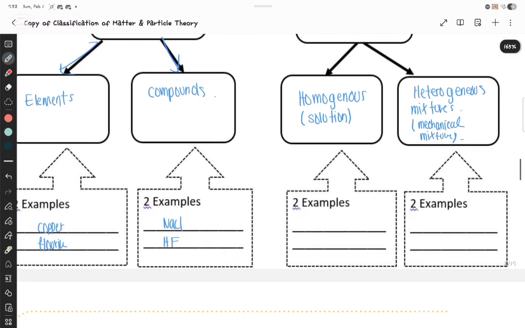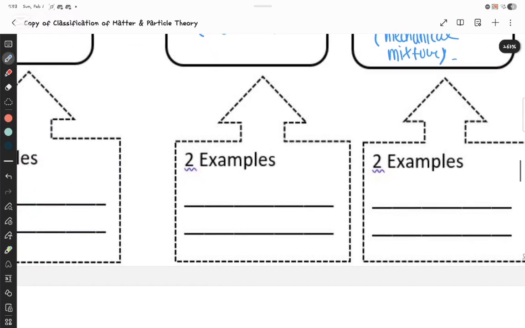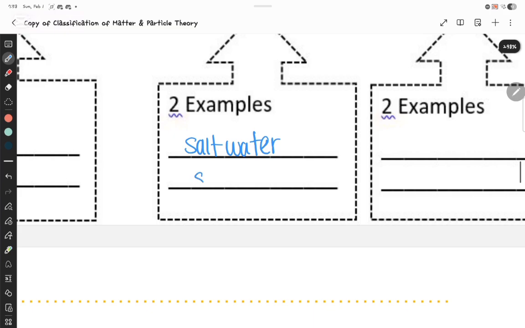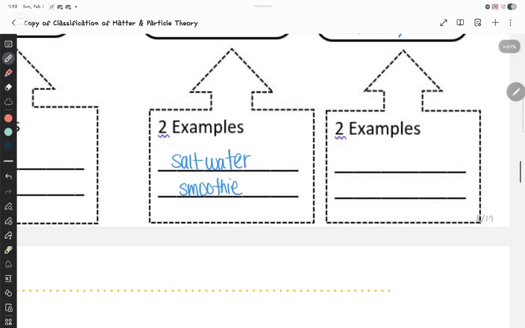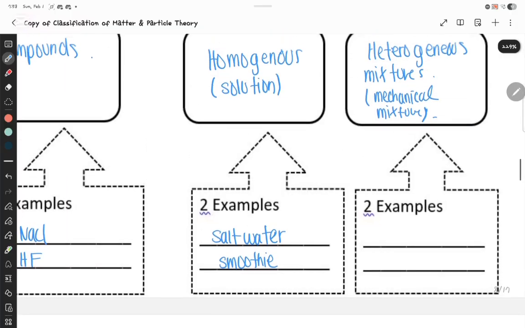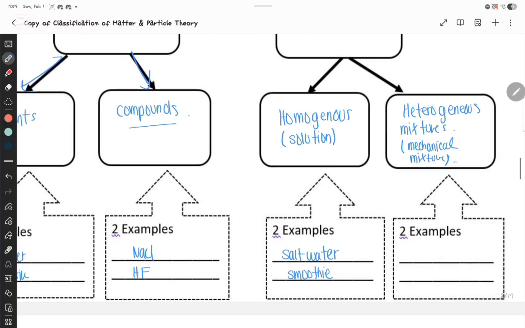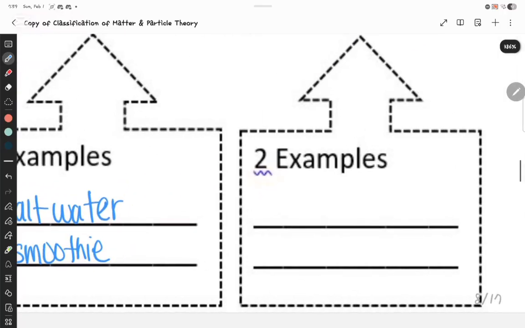Two different types of homogeneous mixtures could be salt water, that's an example, and another example can be a smoothie. We'll get to the definitions of what these terms mean later, but let's go through the examples.